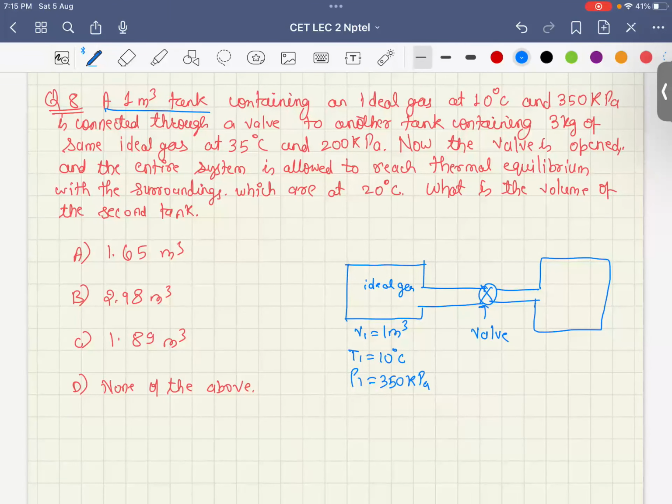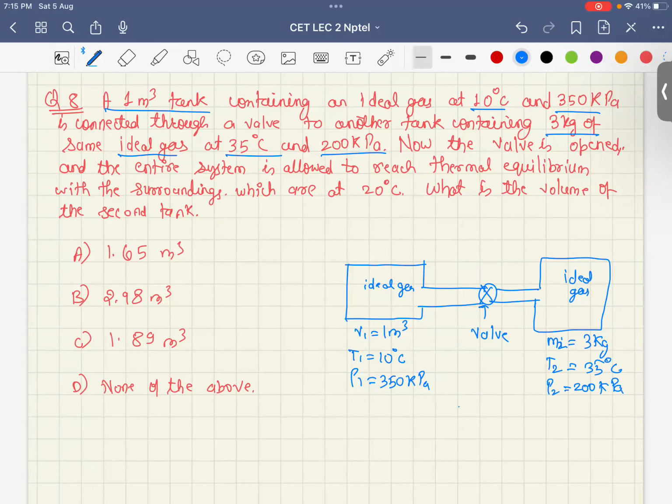This also contains the same ideal gas, where its mass is given as 3 kg. Same ideal gas, at temperature, so for example, M2, T2, and it's going to be 35 degrees centigrade, and pressure is 200 kPa.